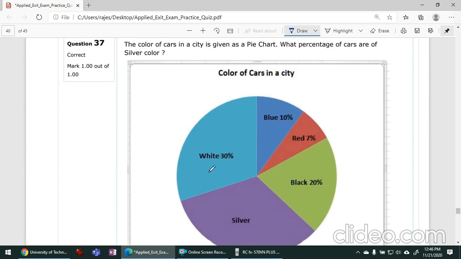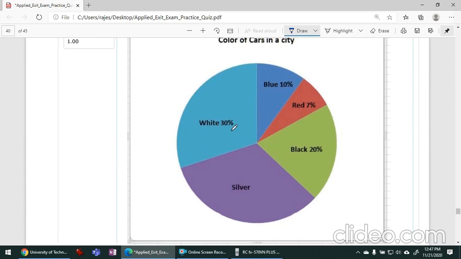This is called a pie chart. If it is in a circle, this is called pie chart. The colors of cars in a city is given as a pie chart. What percentage of cars are silver color? See, look here. You have 30% white cars, 10% blue cars, red cars 7%, black cars 20%. So how much is silver?